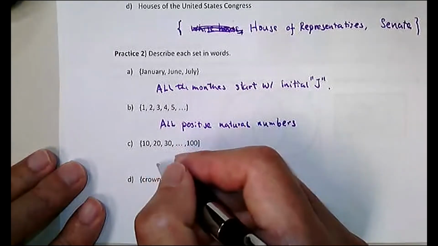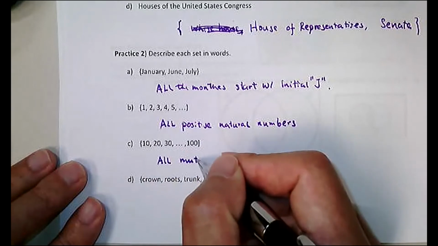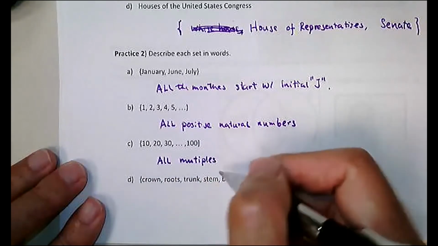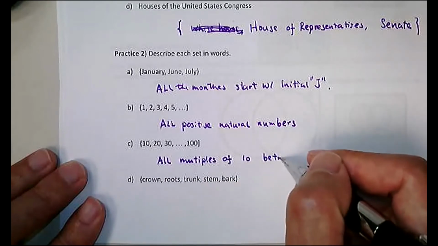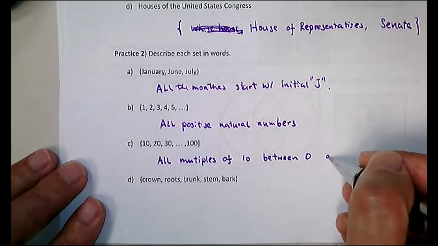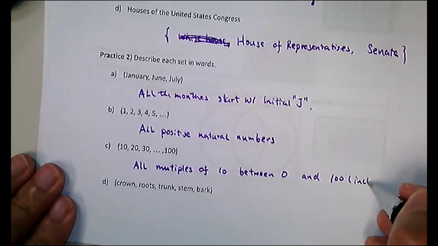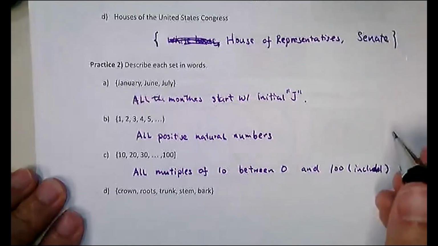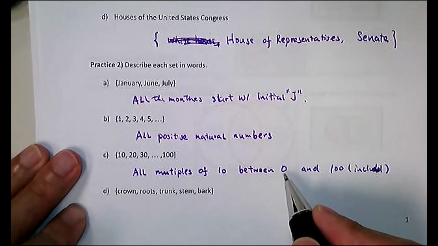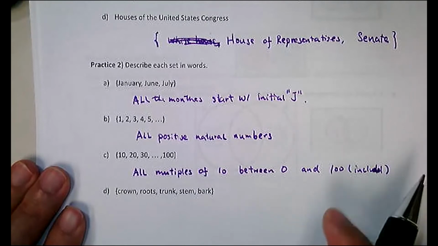So all multiples of 10 between 0 and 100. This is included also. It's between 0 and 100. That's it. Any question?